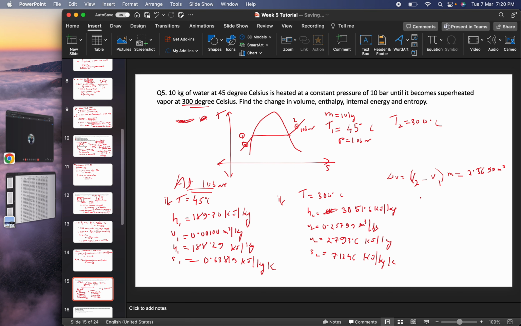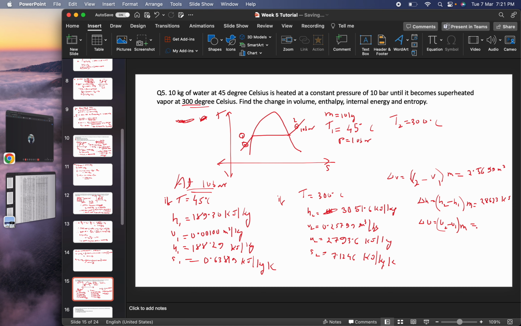Then your change in enthalpy, delta H, similarly using the same formula, H2 minus H1 times the mass, that will be equal to your 3051.6 minus 189.30 into 10, okay, 28623 kilojoule. Then your change in internal energy, delta U, that will be your U2 minus U1 times M.